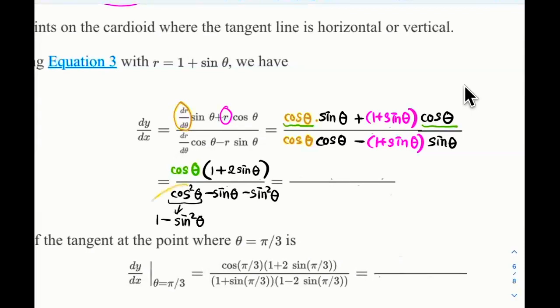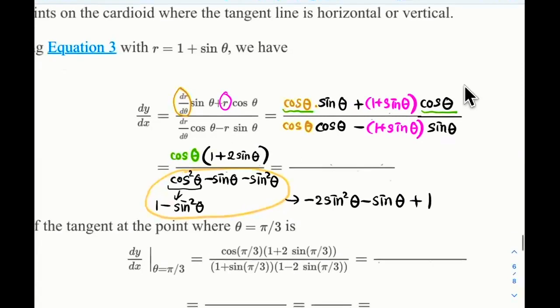This whole thing is going to turn into, let's put that from the highest power to lowest power, negative 2 sine square theta, and then minus sine theta, and then plus 1. Do you agree?